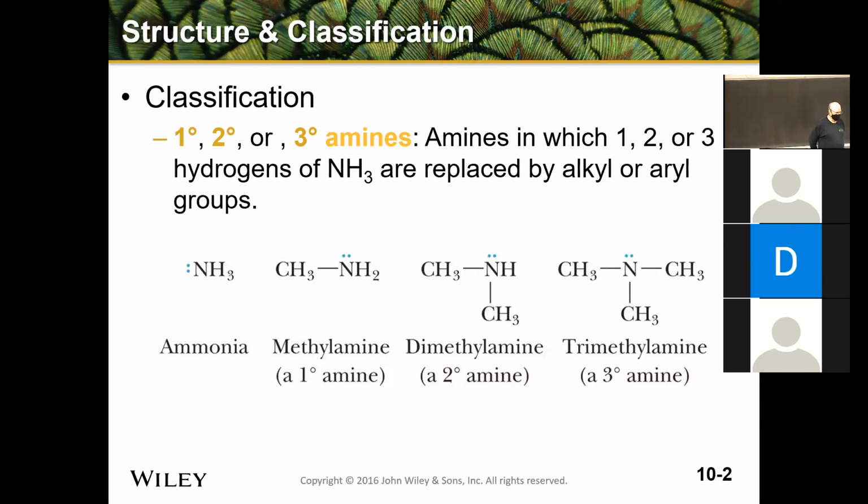All right, amines are organic nitrogen compounds, and if we start with ammonia and we replace one or more of the hydrogens, then we have either a primary, secondary, or tertiary amine, depending on how many we replace.